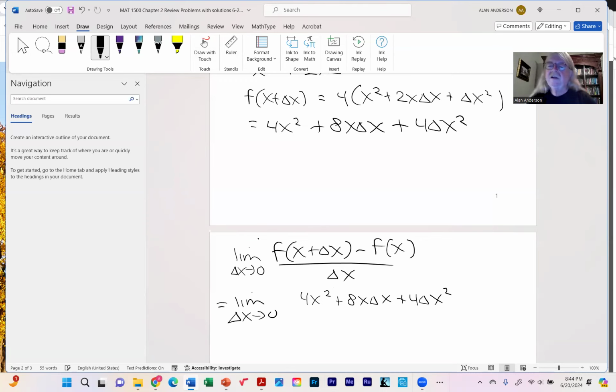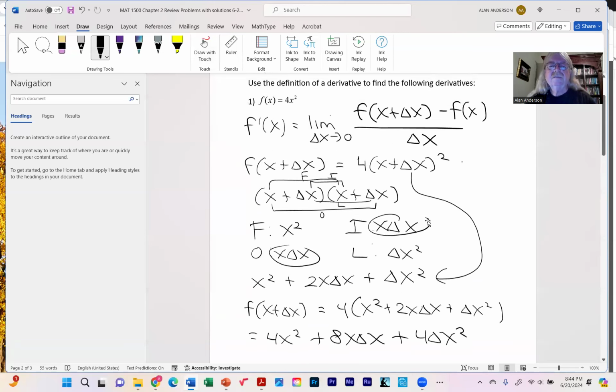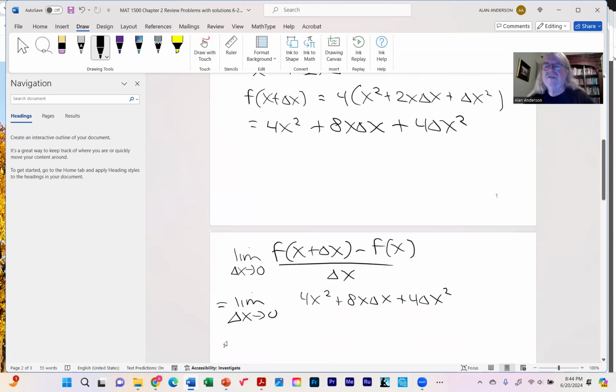Now, here's where we have to be careful. We're subtracting f of x. F of x is 4x squared. All right, so that makes it less risky. But if you have a fairly long polynomial, you've got to remember that you're subtracting the whole thing, which means you have to apply the negative to each term. Here, we don't have to worry so much about it because there's only a single term.